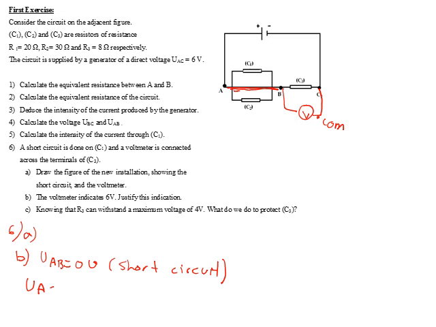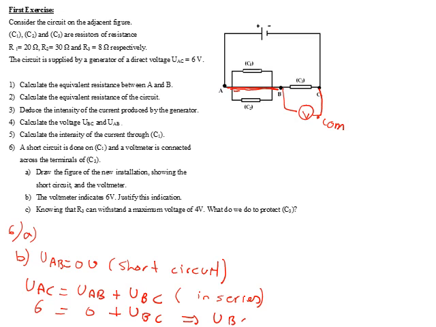Voltage across AC equals voltage across AB plus U across BC, since they are connected in series. 6 equals 0 plus UBC, so U across BC equals 6 volts.